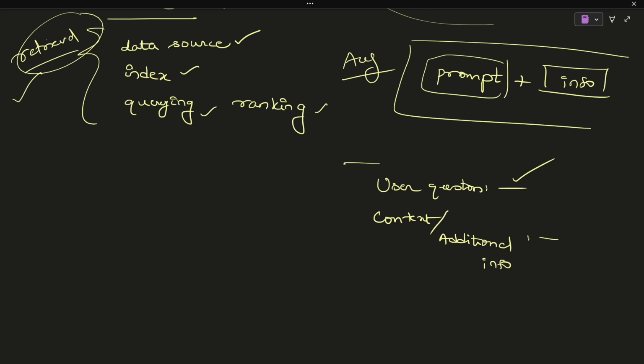Since you are adding this to the user prompt, it's augmentation, and then you use this complete one as the new prompt and generate the response. That's RAG for you. I have tried to make it as non-technical as possible, and I hope you understand that. In this video we discussed RAG theoretically.